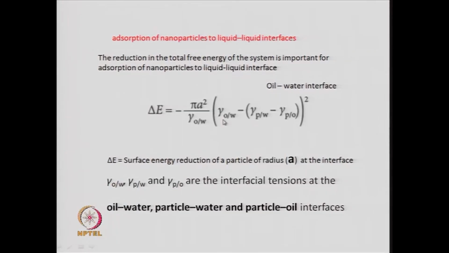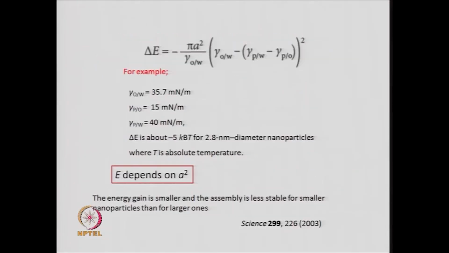So, you have different gammas depending on the material you have, which oil you have and which nanoparticle you are using. You will have different numbers for these, and you can calculate for a particle of radius a what would be the reduction in the surface energy based on this equation, and that will give rise to a reduction in the free energy, which will lead to the adsorption of the nanoparticles at the liquid-liquid interface.